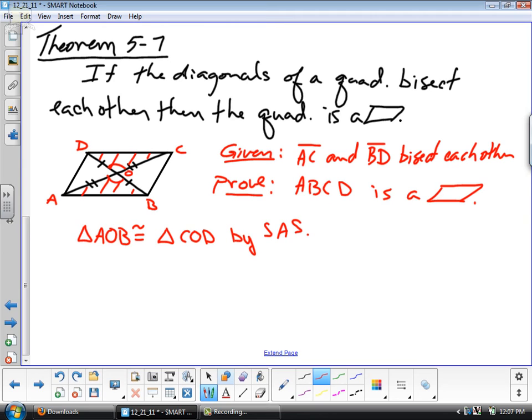Since those triangles are congruent by side-angle-side, then these sides right here are going to be congruent. Also, these angles right here are going to be congruent.